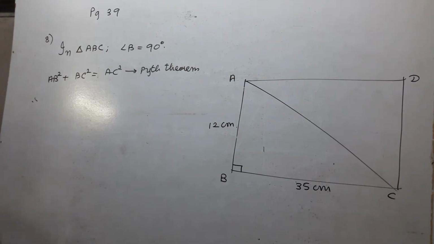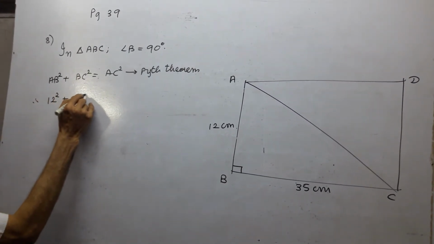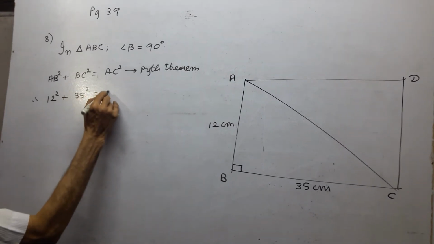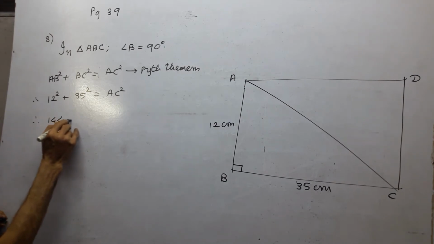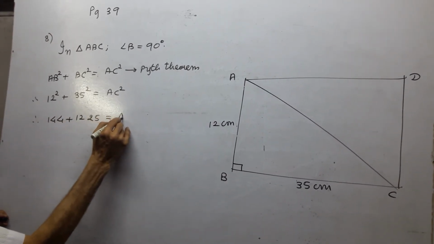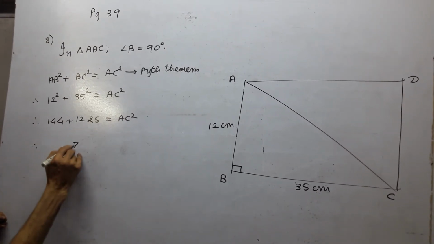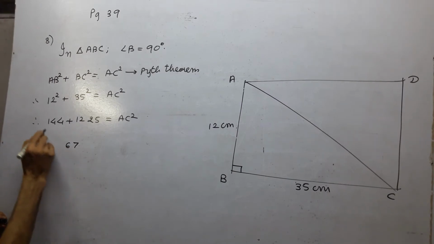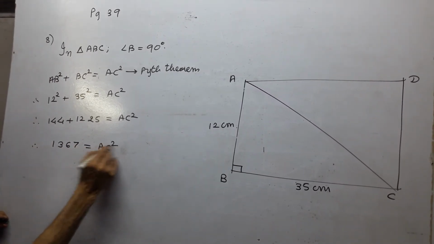AB is 12, so 12 square plus 35 square is equal to AC square. But 12 square is 144 and 35 square is 1225, and therefore the sum is 1369, equal to AC square.